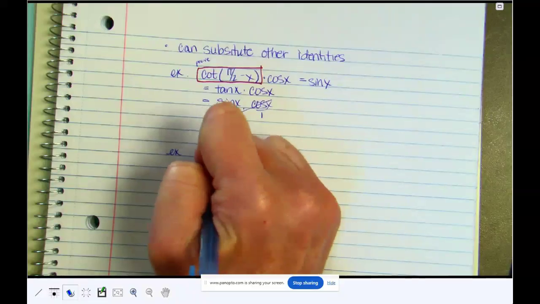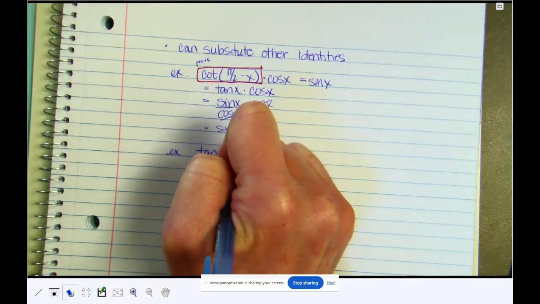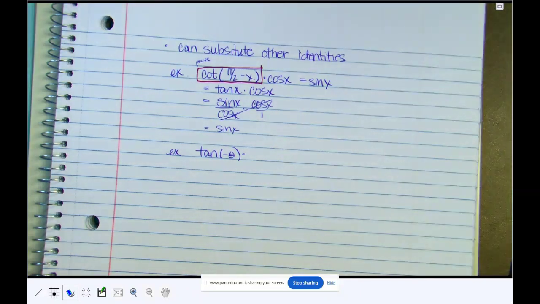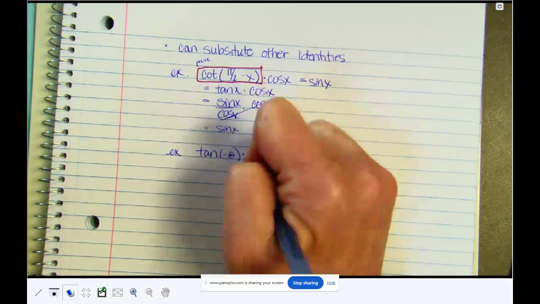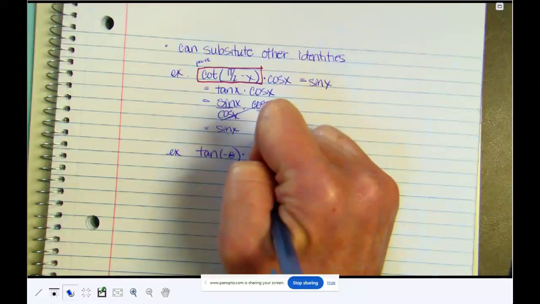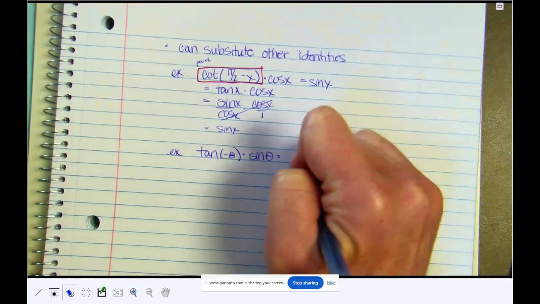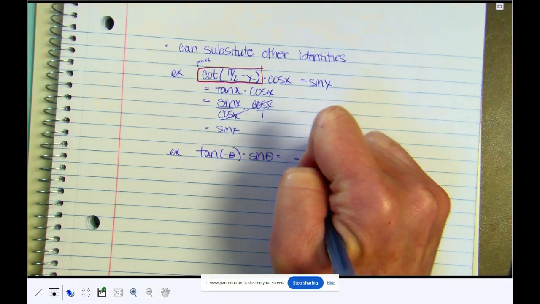Tangent of negative theta times cosine theta is equal to negative sine theta. You guys, I'm making this up in my head.